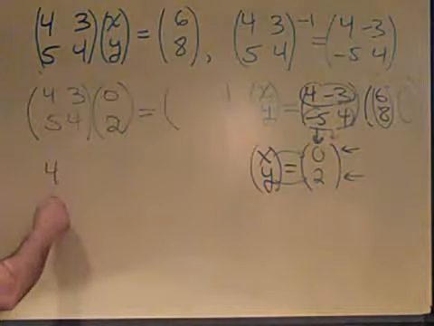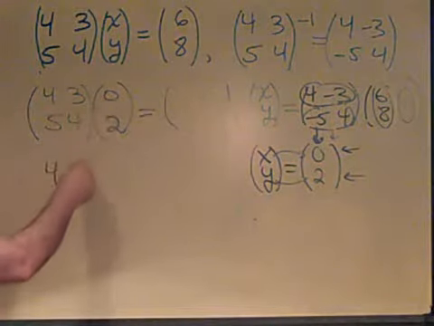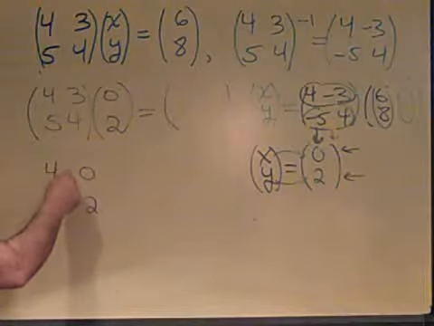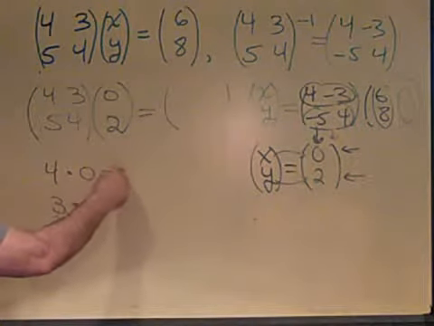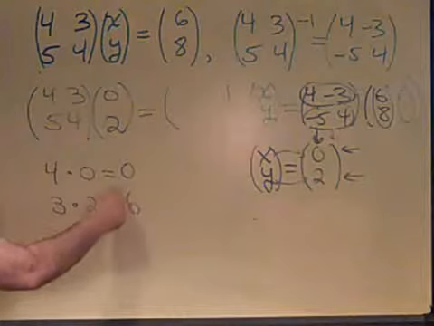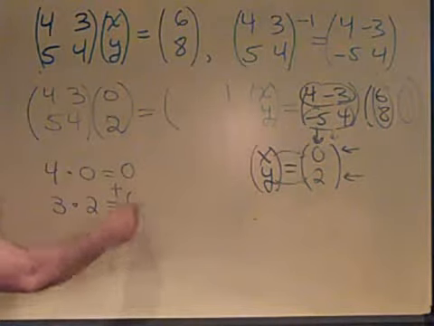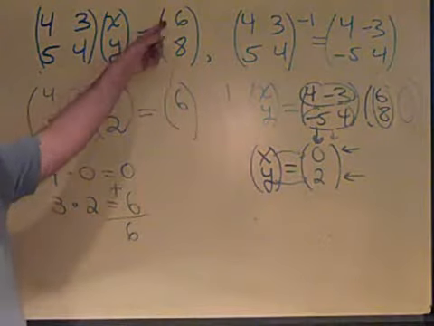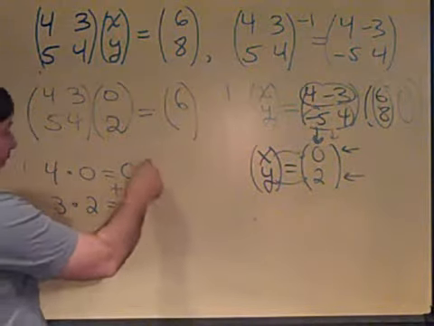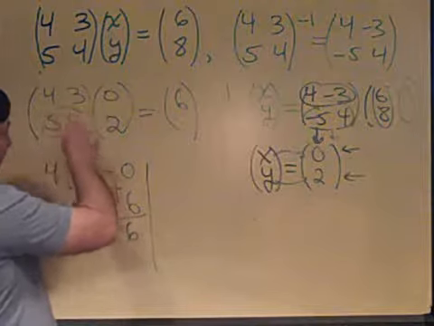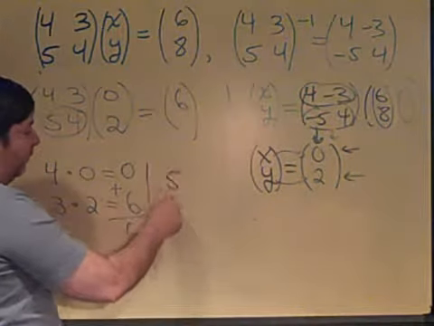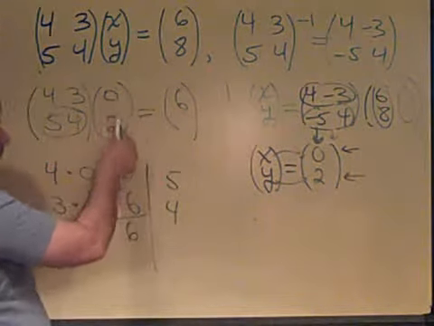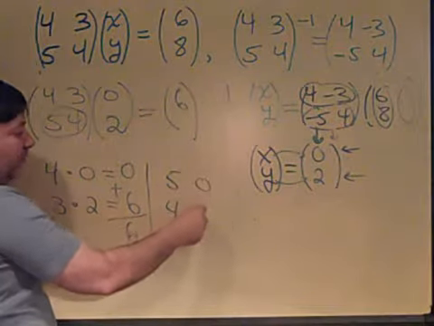So first row times the first column, 0, 2. You get 0, you get 6. When you add them, you get 6. Okay, so far it looks right. I got the 6. Now I'm going to take the second row, 5, 4, and I dot it with 0, 2.